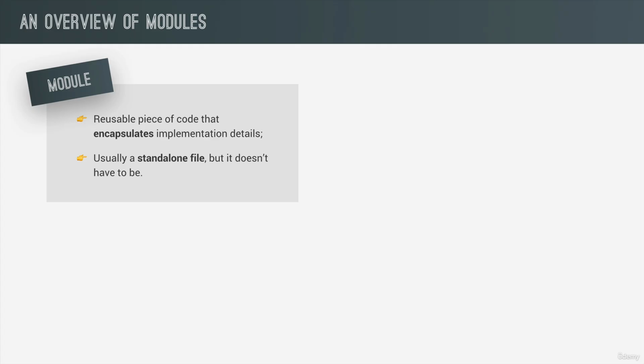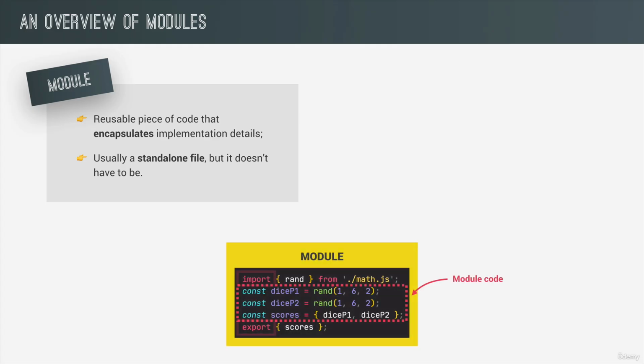So, of course, a module always contains some code, but it can also have imports and exports. So, with exports, as the name says, we can export values out of a module. For example, simple values or even entire functions. And whatever we export from a module is called the public API.